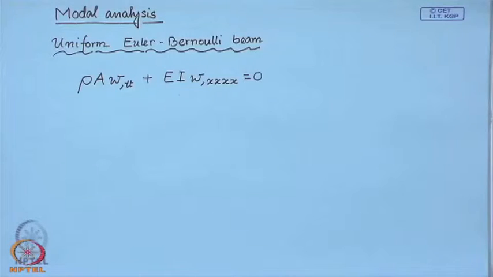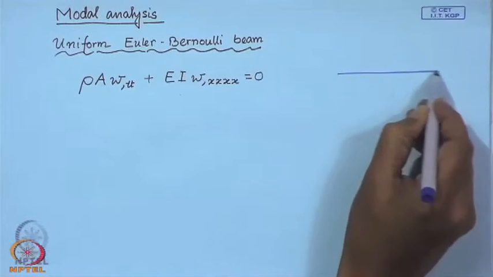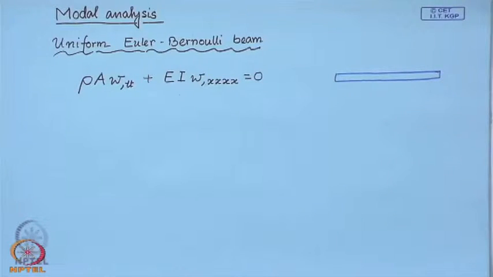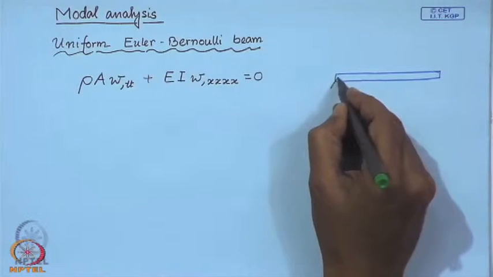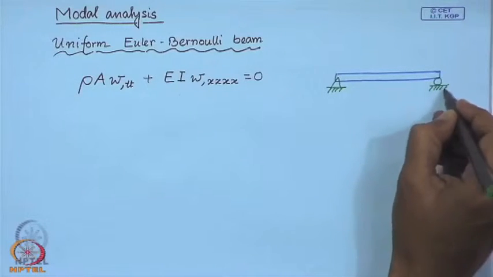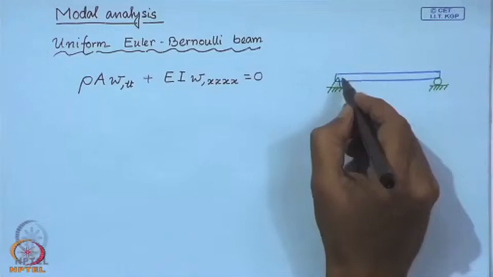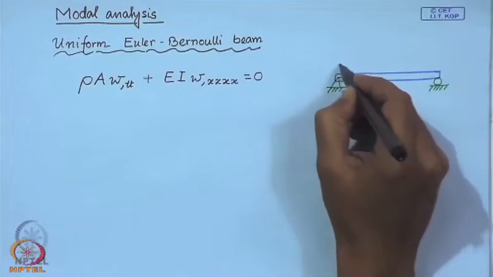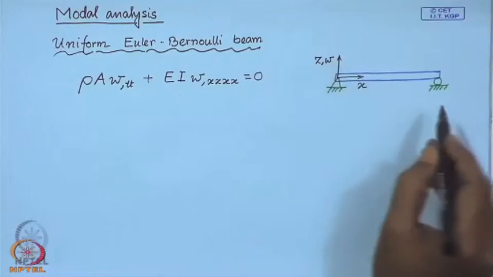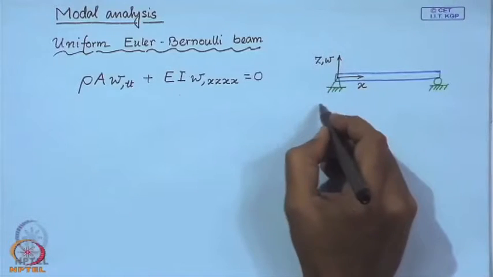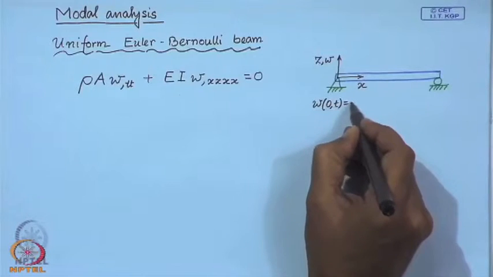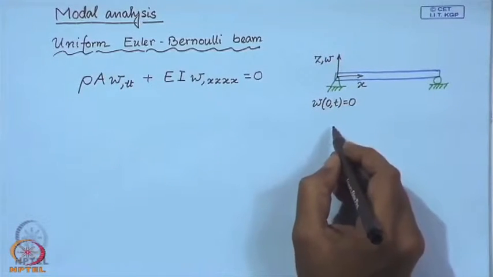So, suppose we consider a simply supported Euler-Bernoulli beam, then the boundary conditions: this is the displacement equal to 0 condition.